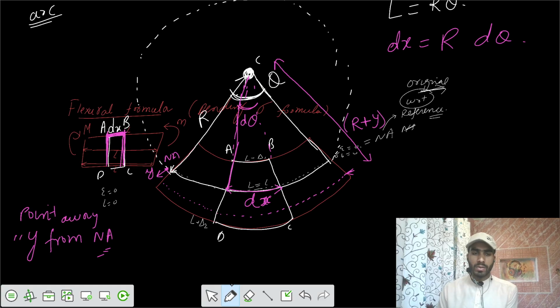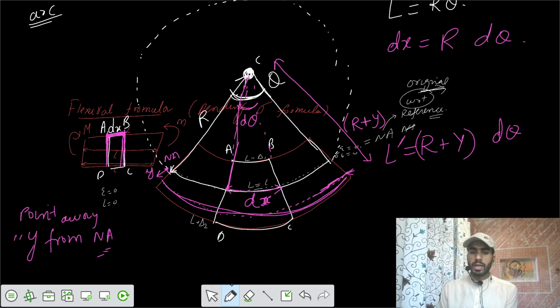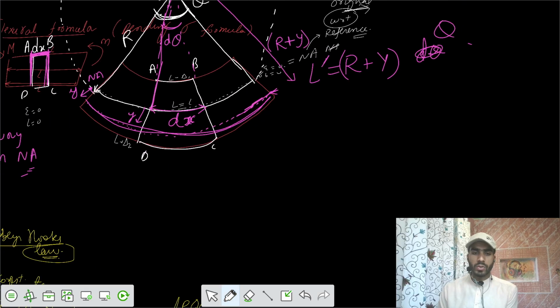So this length, L dash, equals r plus y times d theta. But if you talk about this differential element, we can show that differential element now. So this was your differential element.